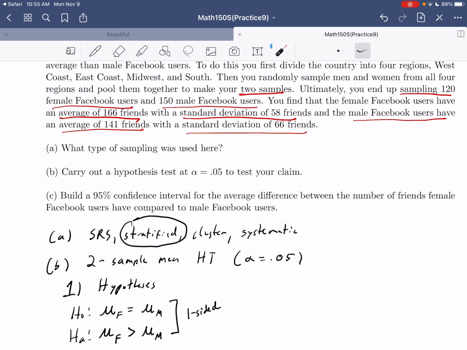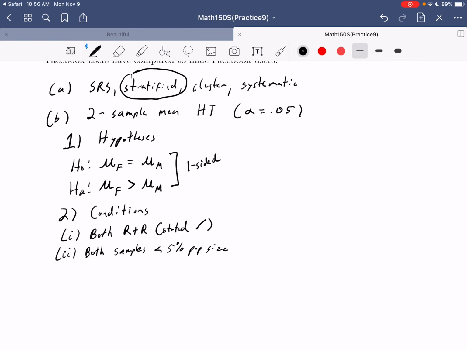We know that we talked to 120 female Facebook users and 150 male Facebook users, but notice there's no mention of how many overall female and male users there are for Facebook. So all we can do here is just assume that there's lots of those. So we'll say lots of female Facebook users. That seems like an okay assumption. And lots of male Facebook users. That also seems like a fair assumption.